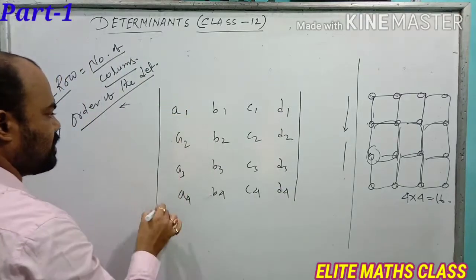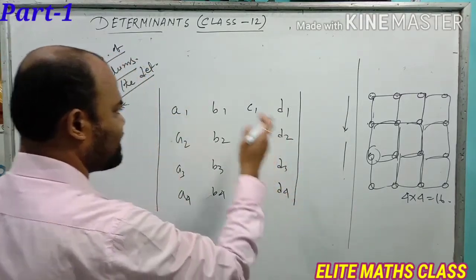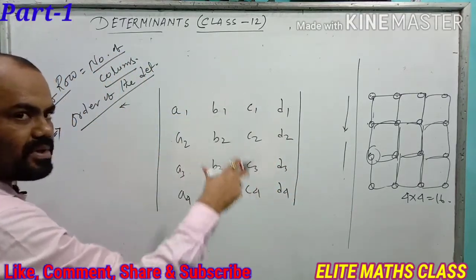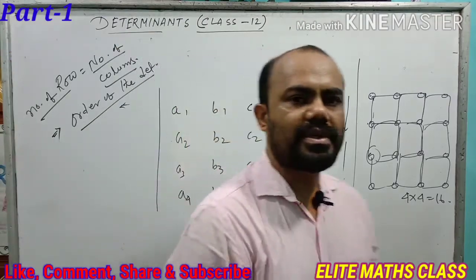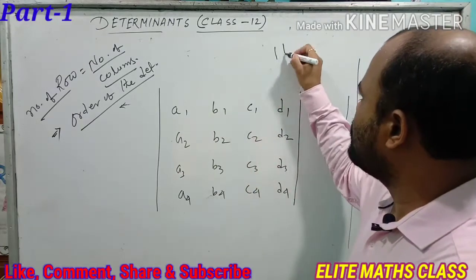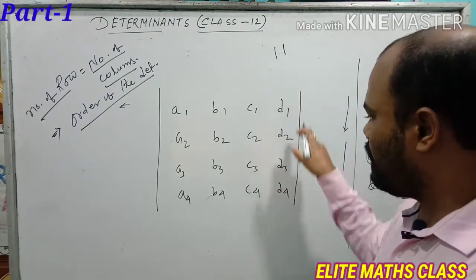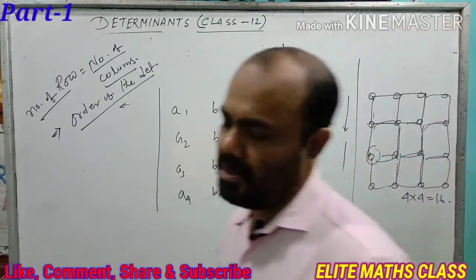Whenever this structure is enclosed by a sign like the modulus sign, then it is a determinant. This is the notation, and this is the structure of a determinant.